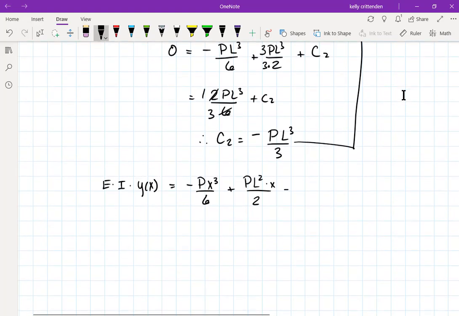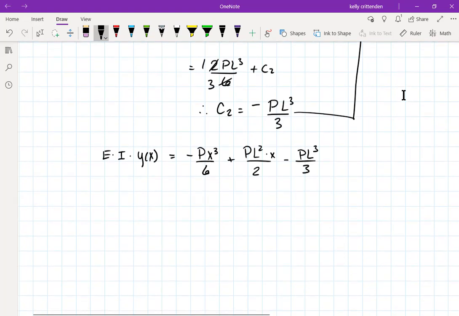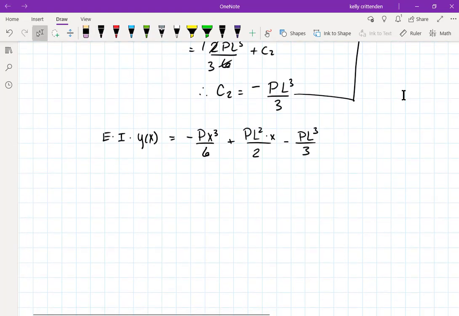Plus C2, which is minus PL cubed over 3. And there's a lot of common terms in there. I've got some things I can add together. I can simplify it a little bit and move that EI back to the right-hand side because it probably doesn't need to go with the y of x.